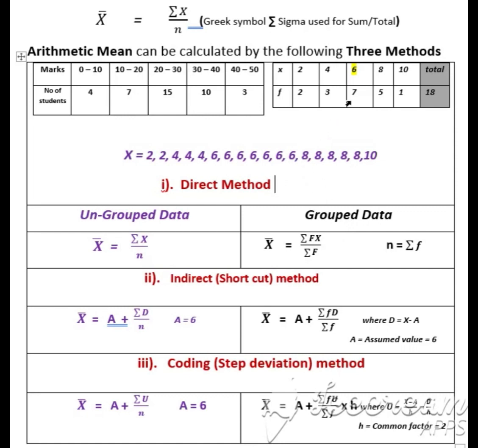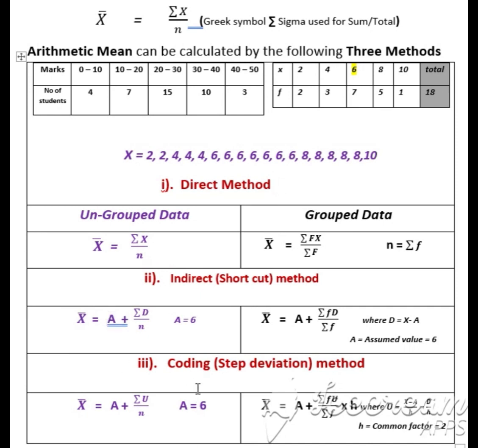For example, if I assume 6 as a, what is d now? 2 minus 6 is d, 4 minus 6 is d, 6 minus 6 is d, 8 minus 6 is d, and similarly 10 minus 6 is d. Now add up all these values of d to get sigma d, then divide by n, and after division you add a. So you will get the answer for x bar.